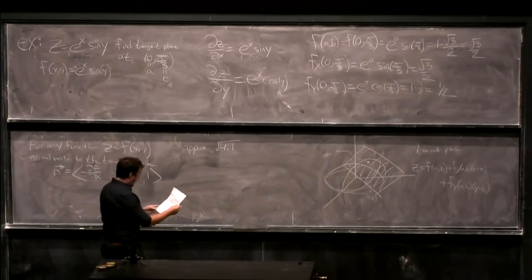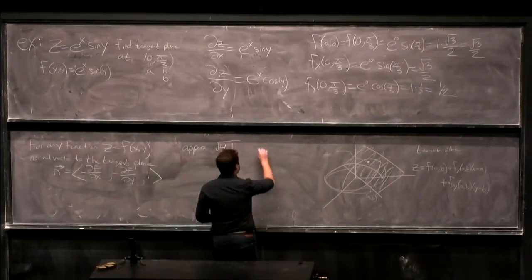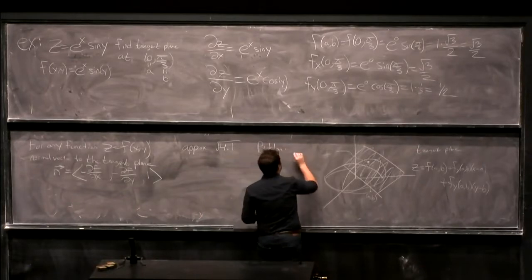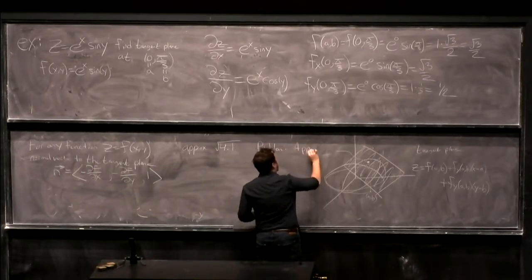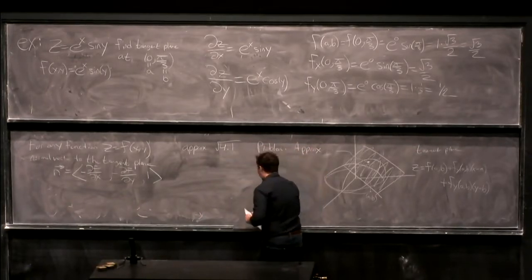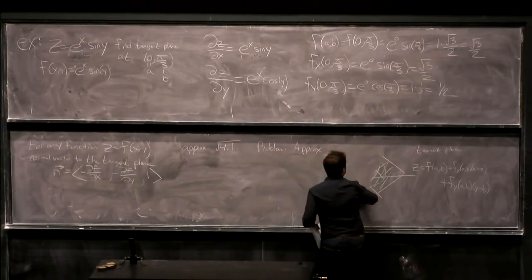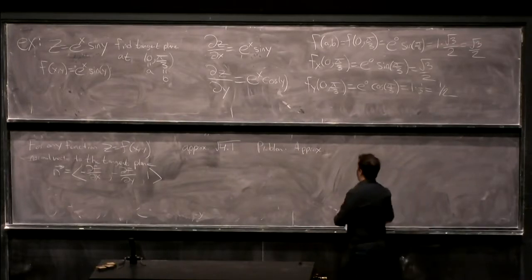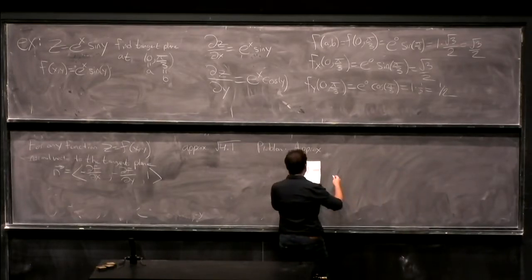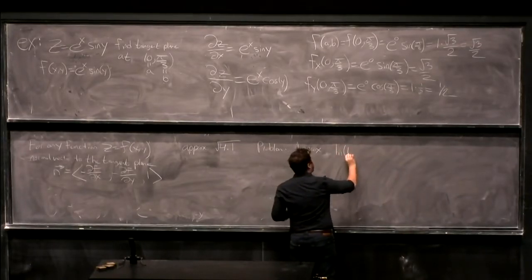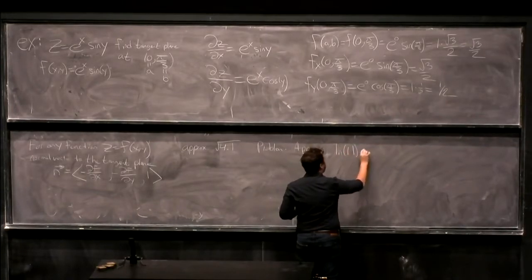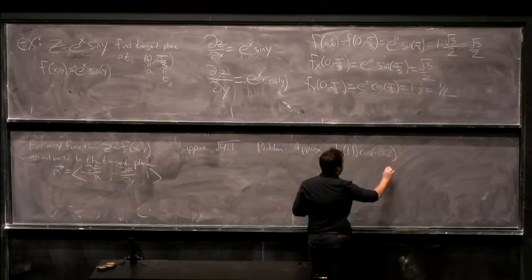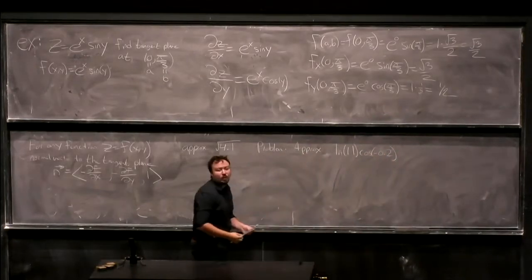So let's say, so here's a problem. We need to approximate the natural log of 1.1 times cosine of negative 0.2.